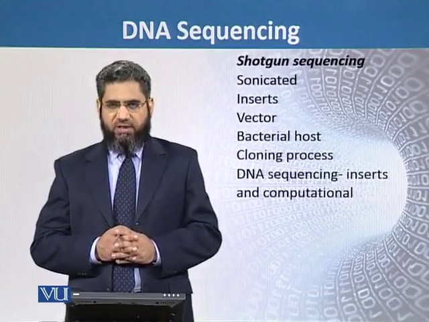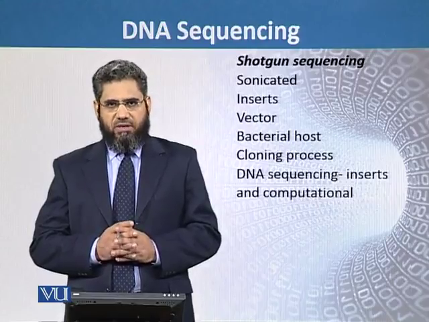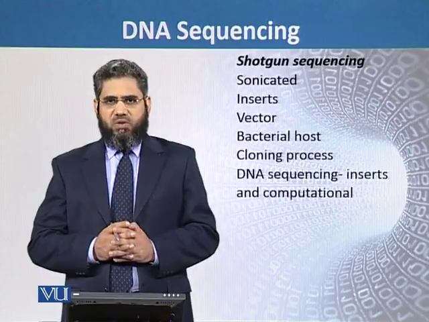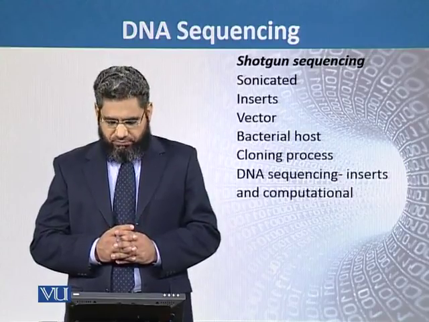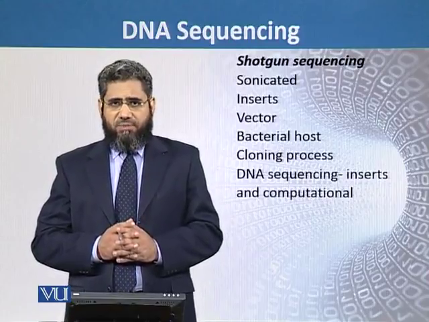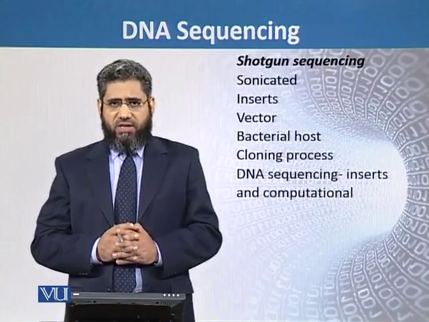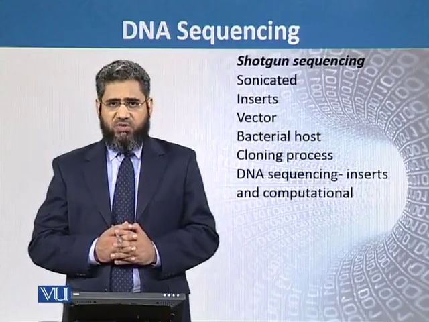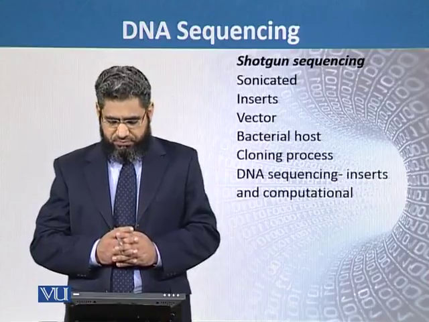These bacterial hosts grow, and in every single bacterial host the plasmid will also replicate. In this way the plasmid is replicated, and we can get billions of copies of the plasmid that can be extracted from the bacteria.